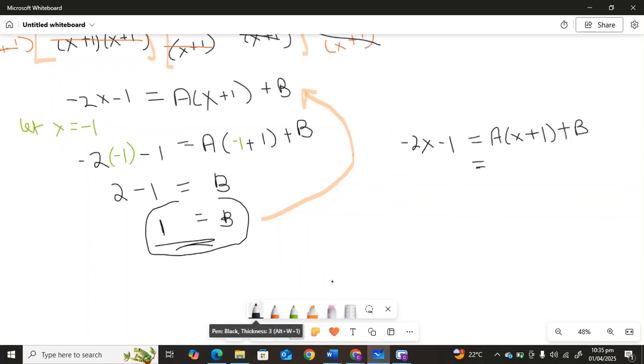And so here we need to expand our expression here. A times x, ax. A times 1, that gives us a.